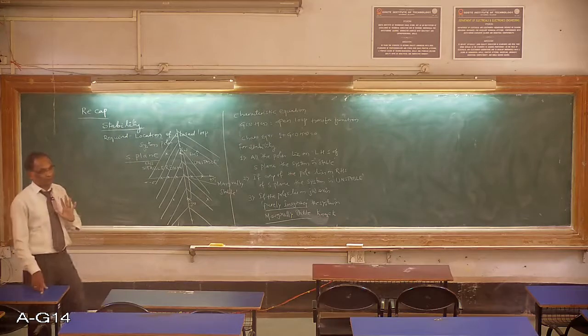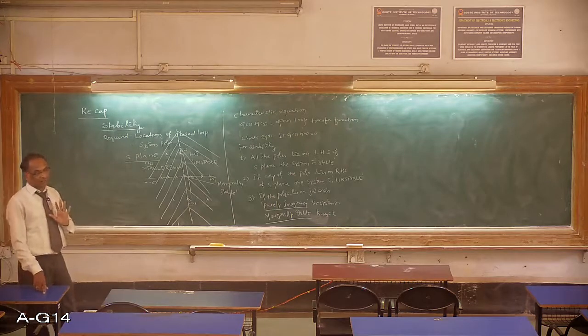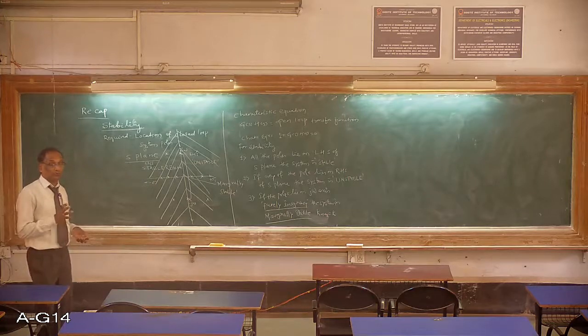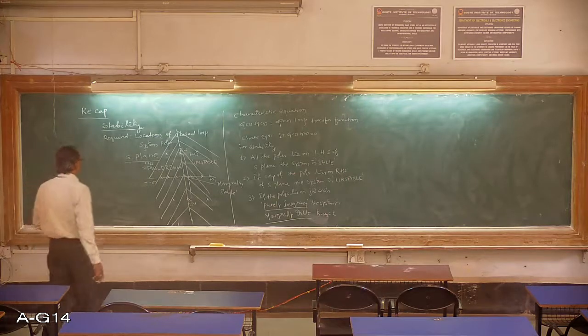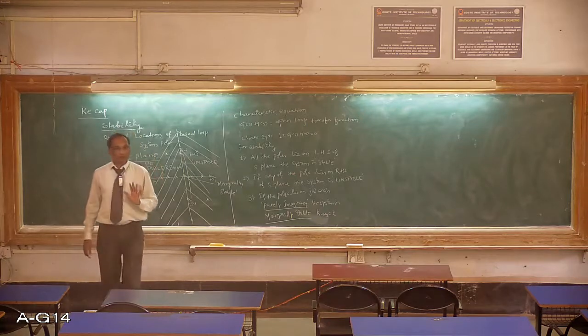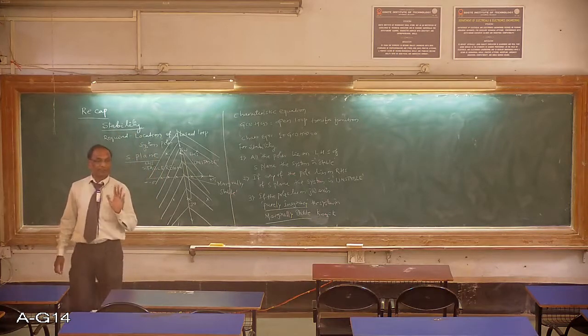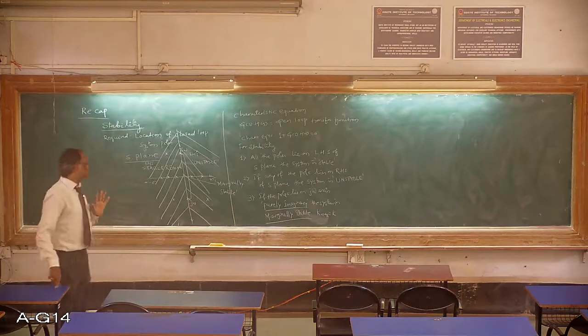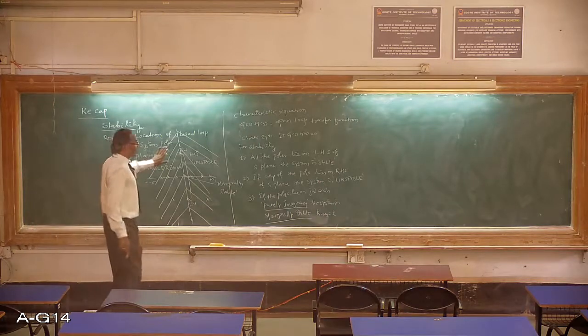Only knowing where they are lying, not the exact location of the poles. I want to test whether the system is stable or not, just by knowing where they are lying.